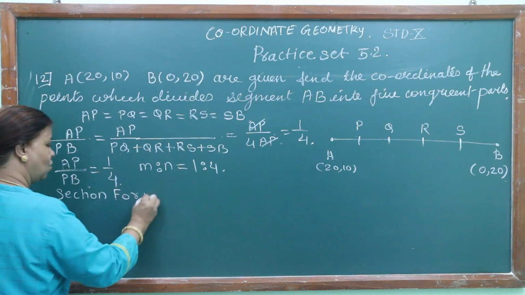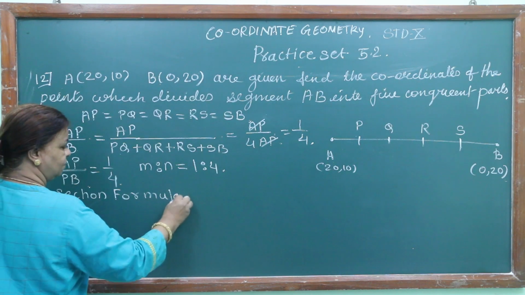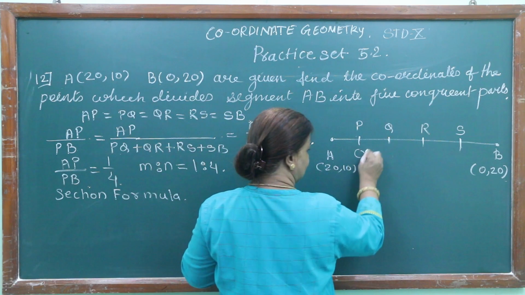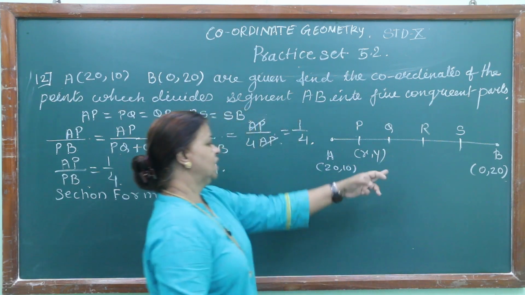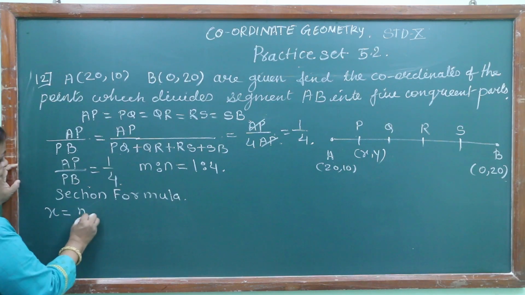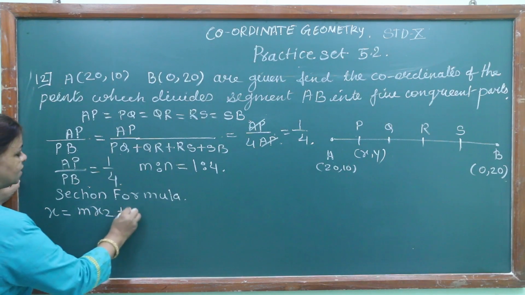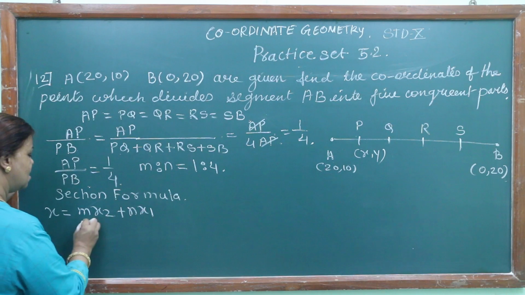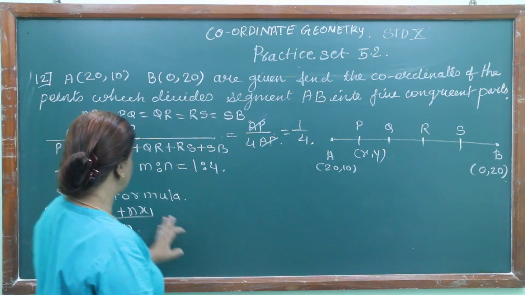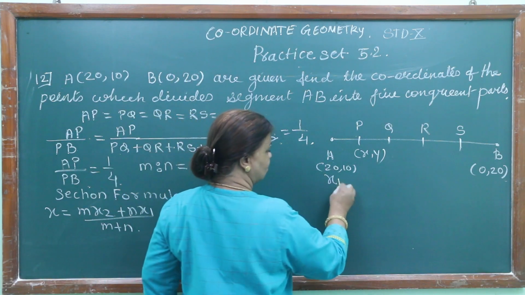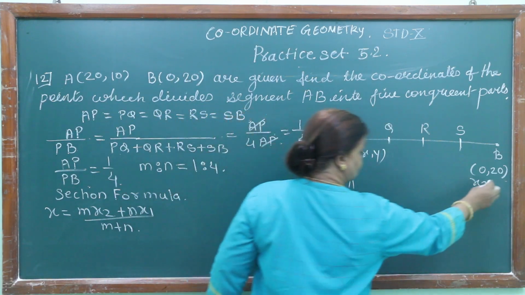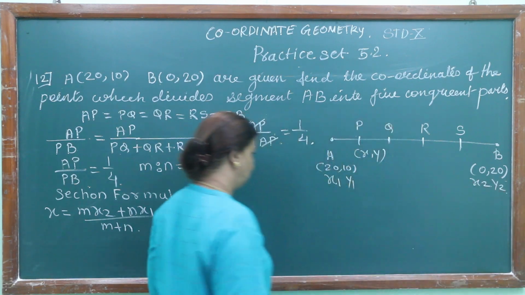And I can find the coordinate of point P. So let us take it as x, y, and x is equal to m x2 plus n x1 upon m plus n. So which is x2 and which is x1? This is x1, this is x2, y1 and this is y2.